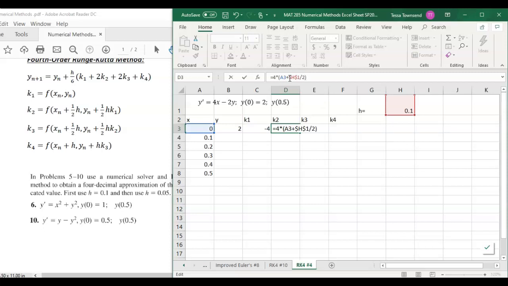And then it's minus 2 times y, and our y is going to be the current y. So it's going to be 2 plus half the step size times K1.